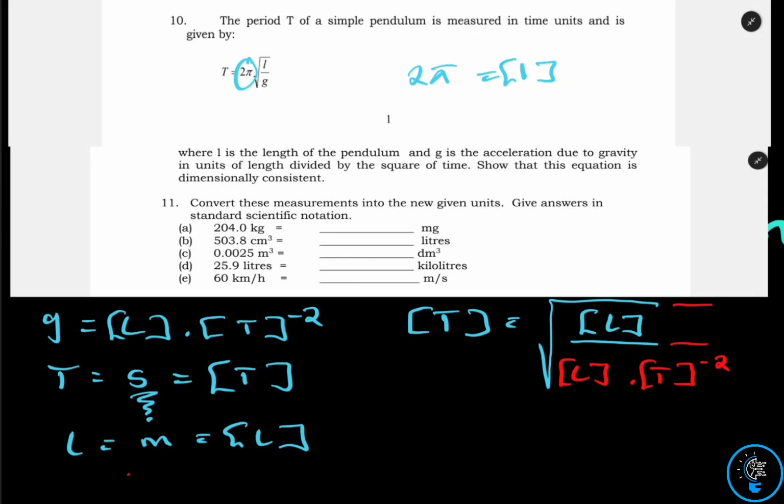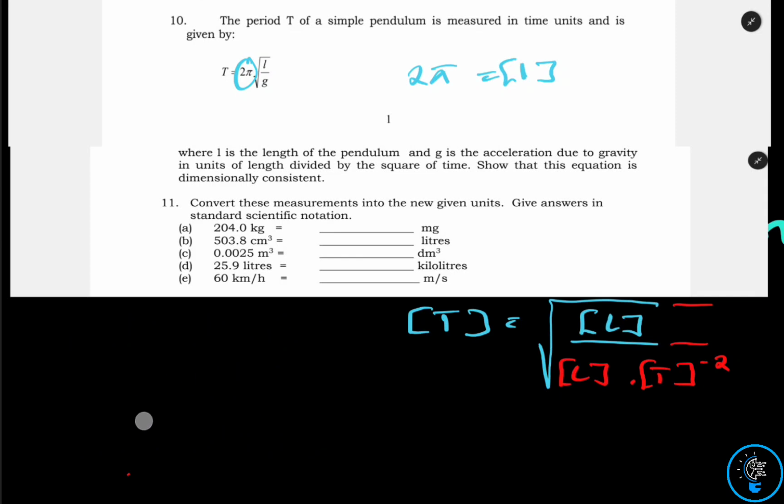Okay, let's evaluate this one. Now we can write the root as a power of 1 over 2, and this one can also be written as power 1 over 2.